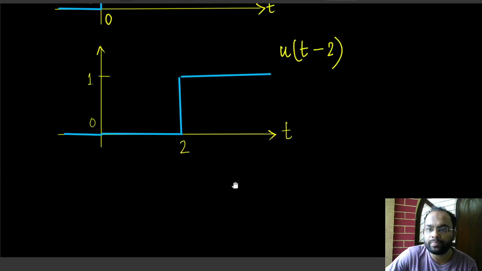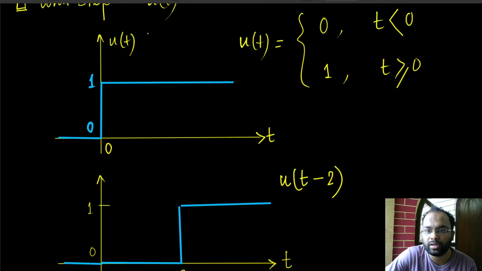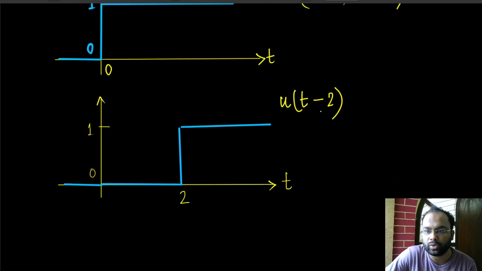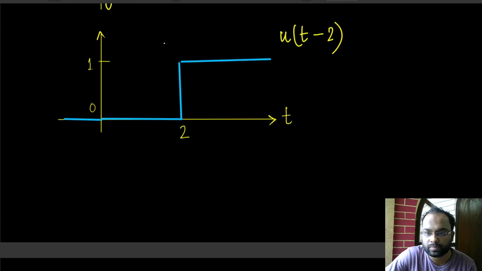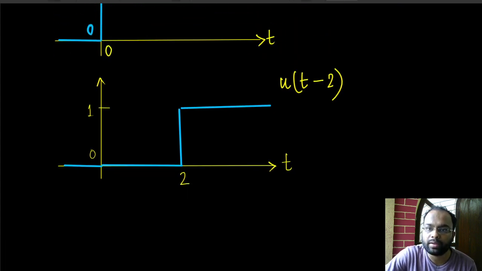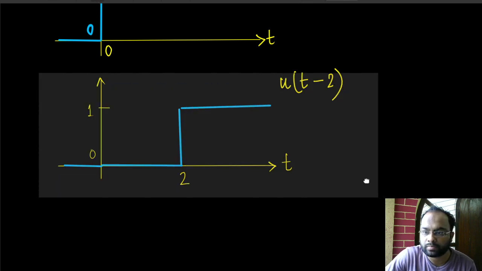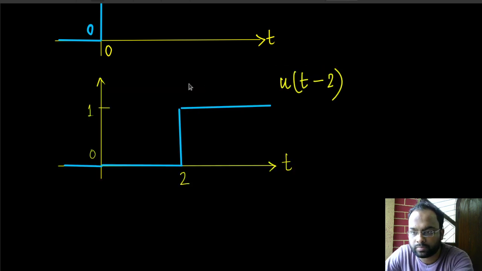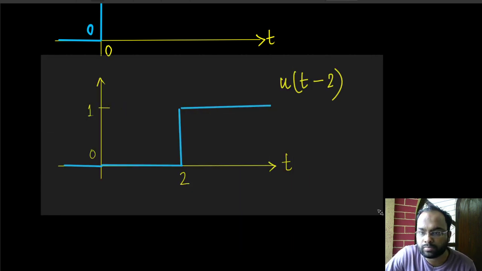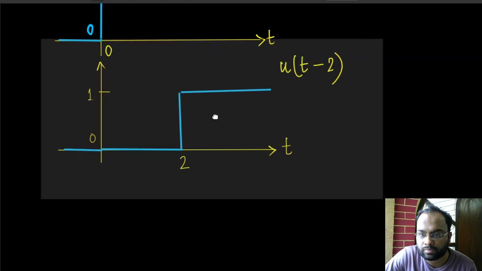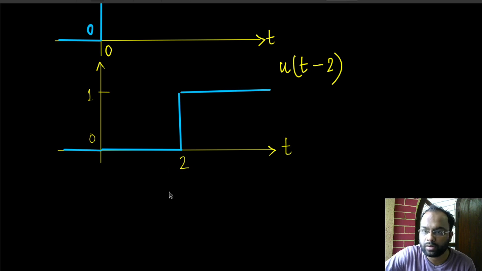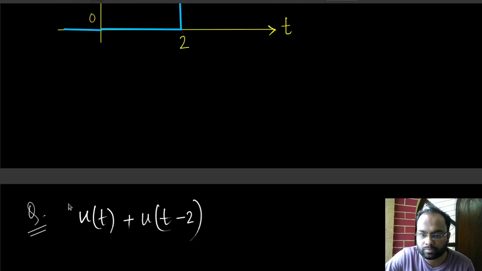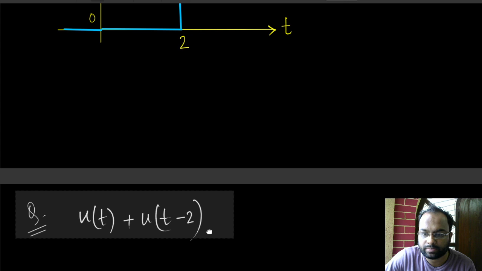Again, recall that this is u(t) and this is u(t minus 2). Let me write it here. So my question is this.